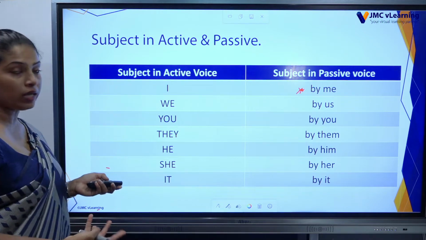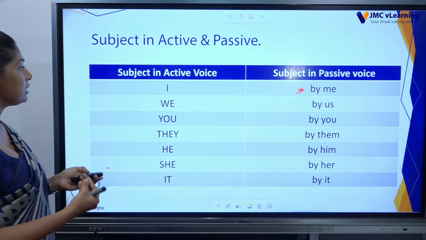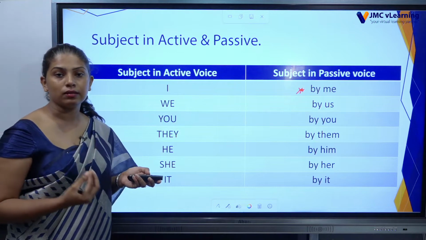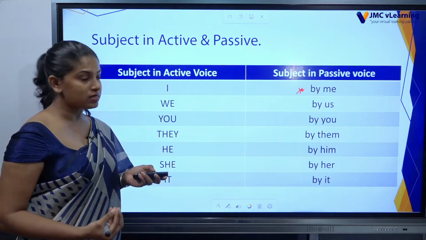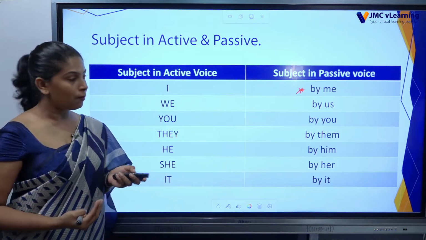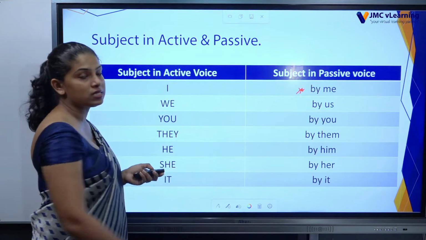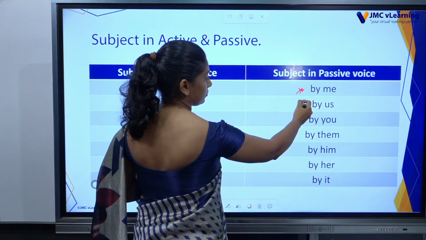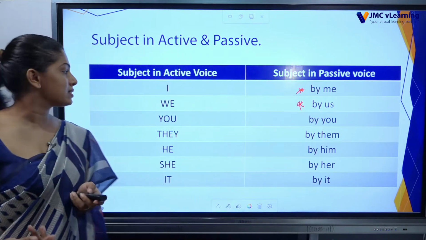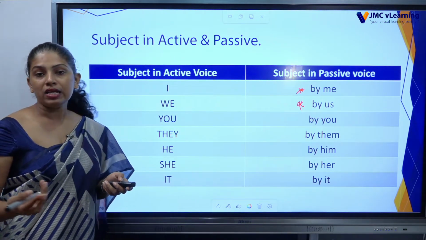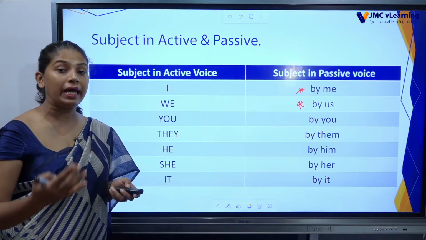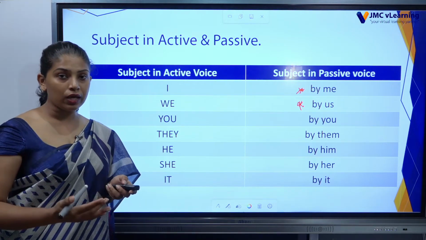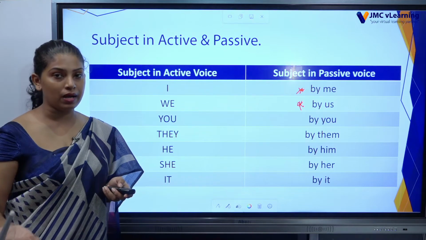Then we. If we are using we in a sentence in active voice, we use that first. But when we use the same word in passive voice, we use it as by us. Let's take an example. We played volleyball. We played, verb in past.